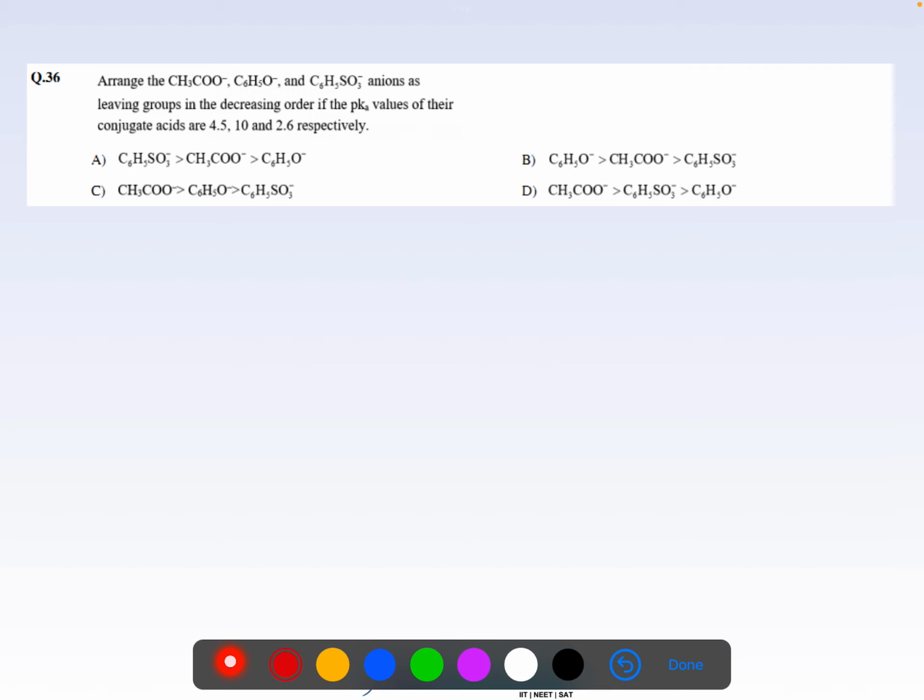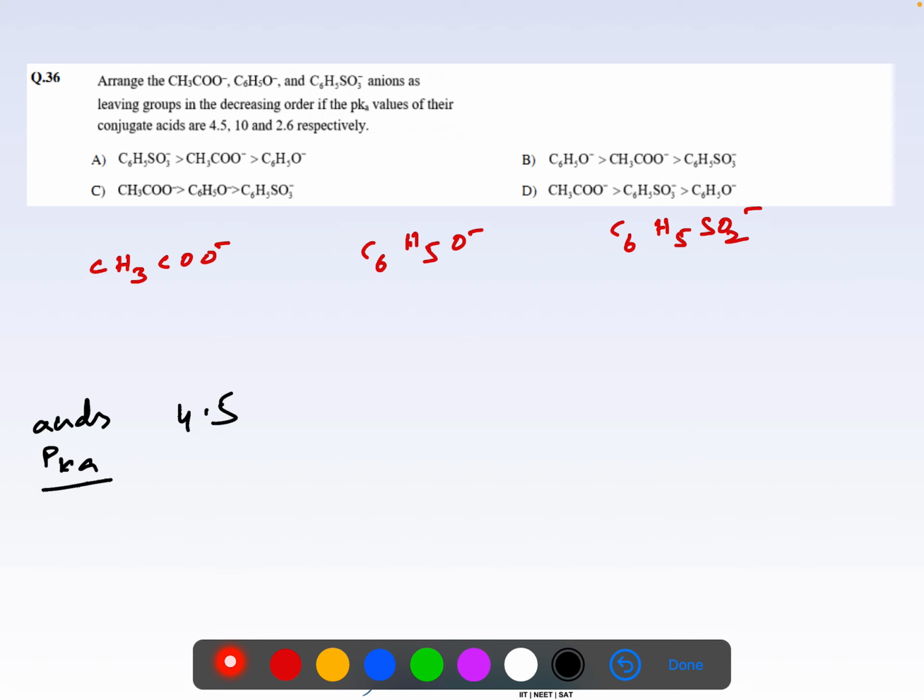Here 3 leaving groups are given: CH3COO minus, C6H5O minus, and C6H5SO2 minus. Their corresponding acids' pKa values are also mentioned. It is 4.5, it is 10, and here this will be 2.6.